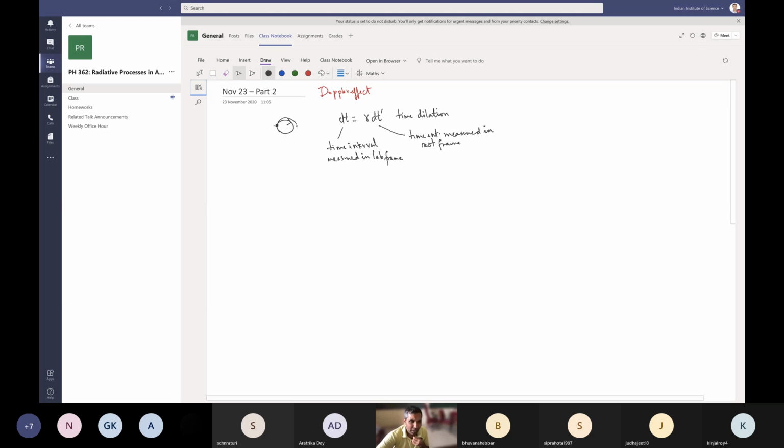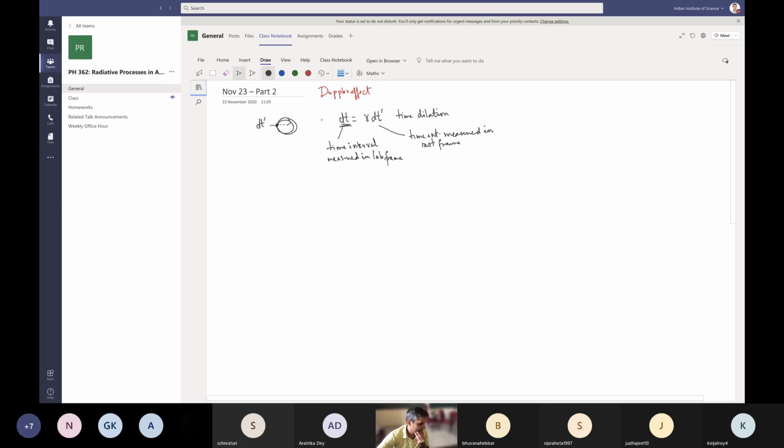It goes around in a cyclotron orbit, comes back at this position, so at the same position, if we measure its time period, that's delta t prime. This is the period measured in the rest frame, because it's measured at the same position. Dx prime is equal to 0. The same event, the period of this orbit measured in the lab frame, will be longer.